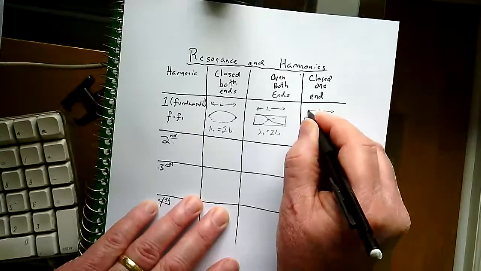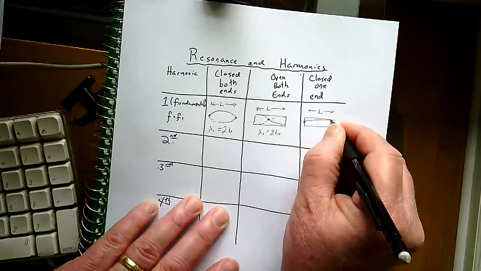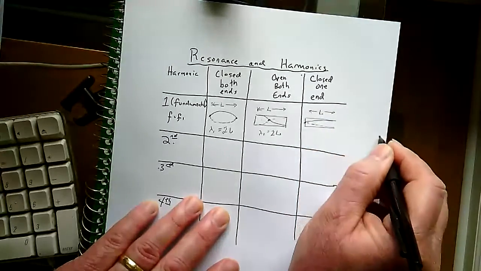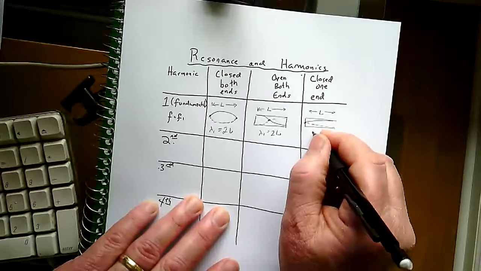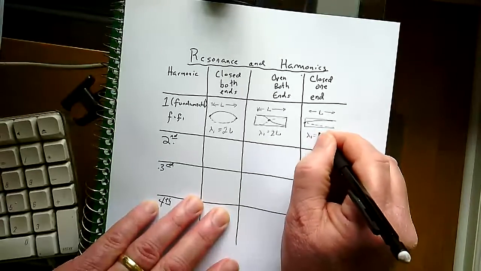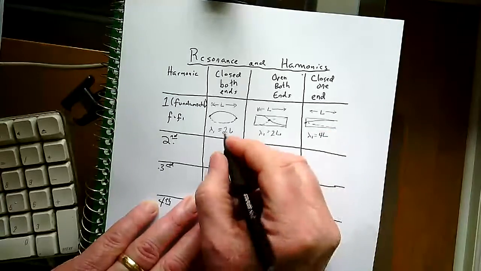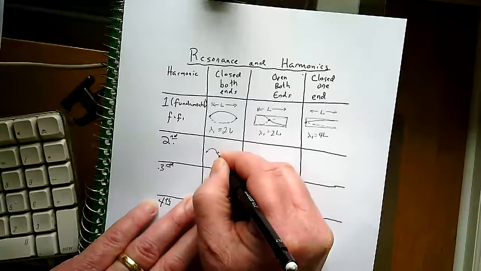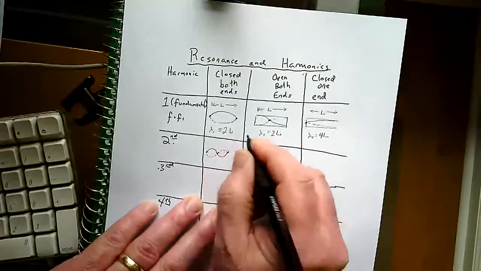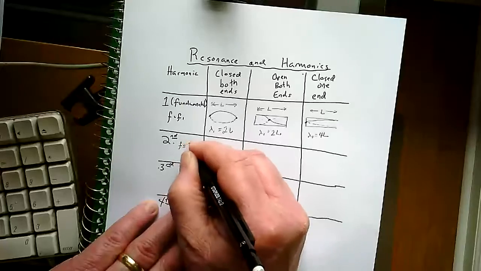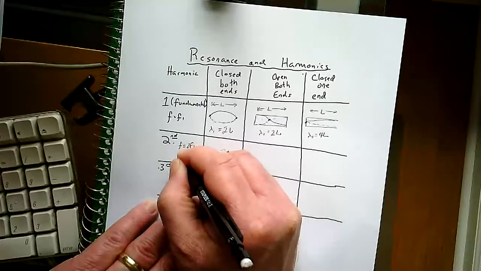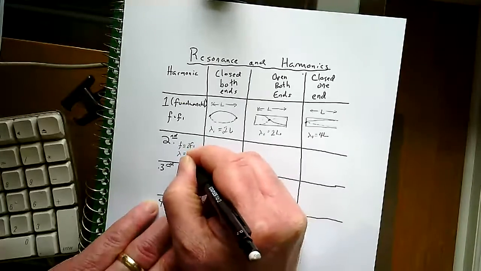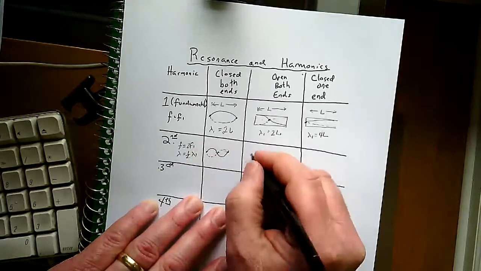it's going to look like so. But now I've only got a quarter wavelength. I'm going to have to go way over here to get a full wavelength in. So wavelength 1 for this one is 4L. For the second, I just add a node, and it looks like this. The frequency is equal to 2F1, and the wavelength is equal to half of wavelength 1.